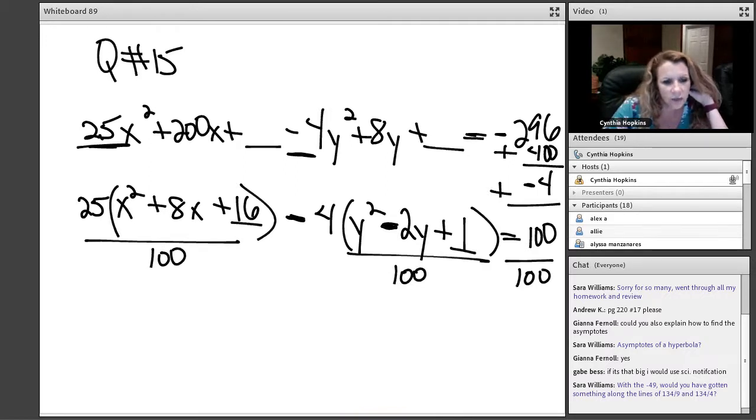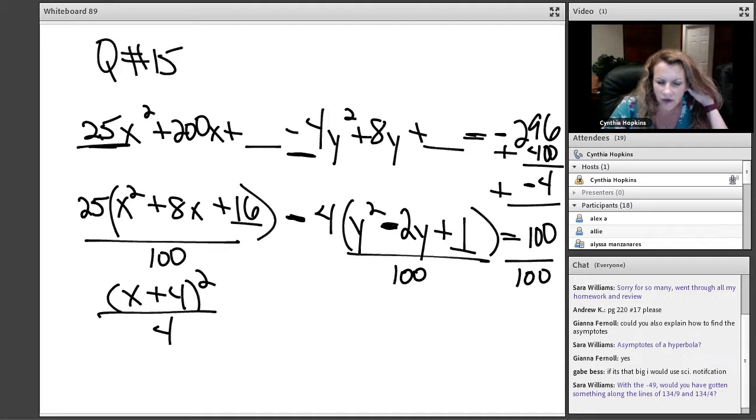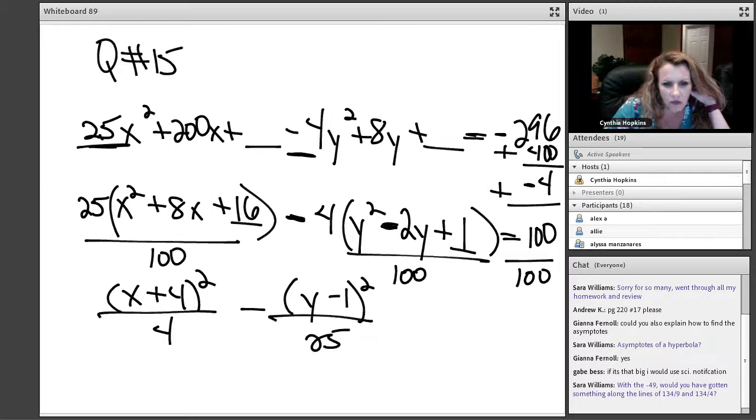And so I'm going to get, as I factor, x plus 4, the quantity squared, all over 4, because the 25 and the 100 simplify to that, minus y minus 1, the quantity squared, all over 25, equals 1. And there's my equation in standard form.